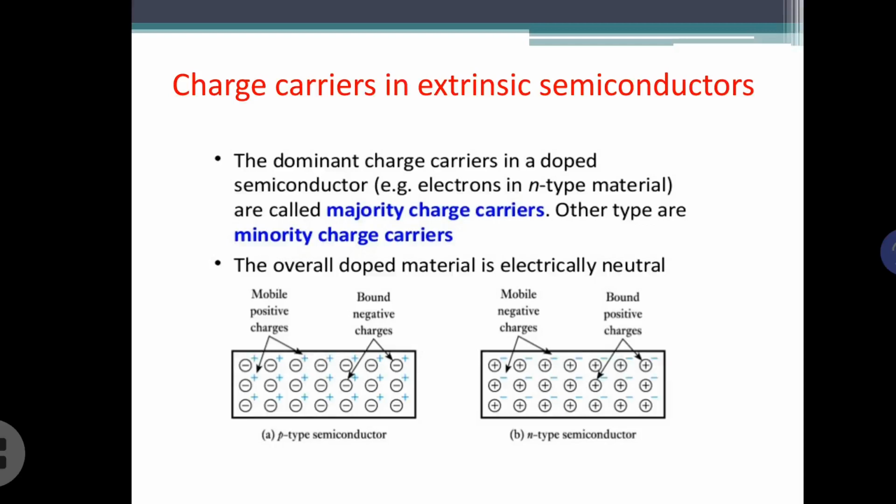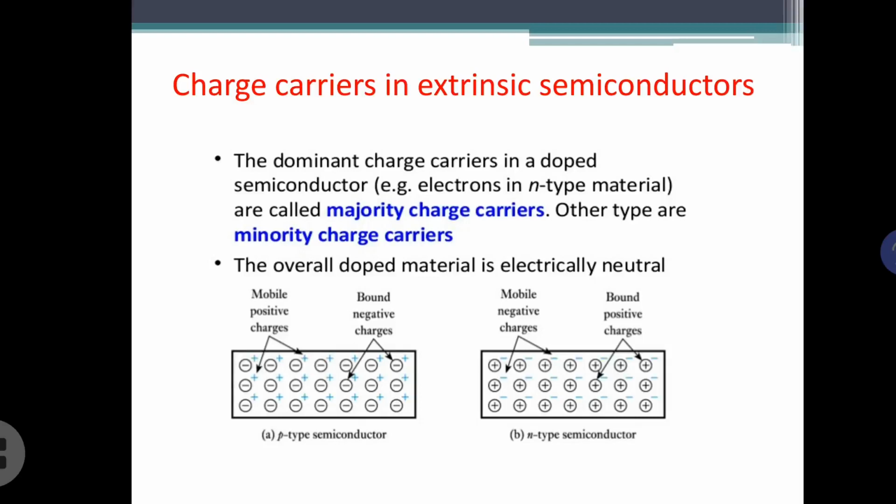But one main point: even though there are more electrons in the n-type semiconductors, they are electrically neutral. Similarly, even though there are more positively charged holes in the p-type semiconductor, they are electrically neutral. How do they become electrically neutral? Because the extra electrons present in the crystal lattice are a part of the particular impurity atom which we added, isn't it? So as a whole, when we take the material, the total charge will be 0.